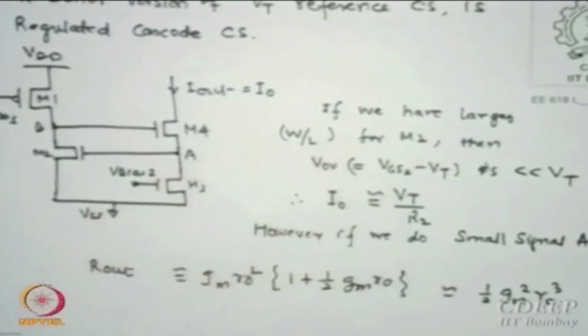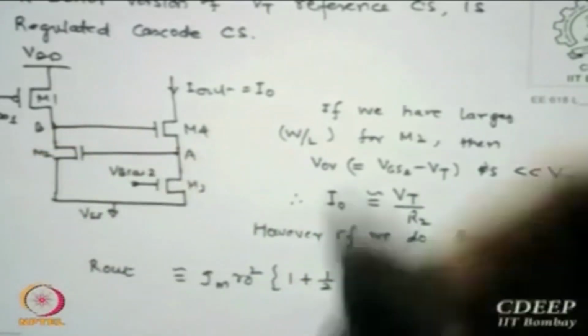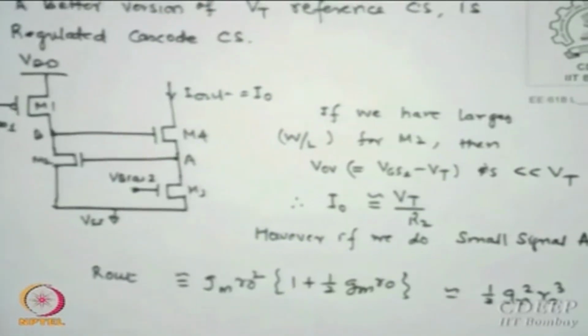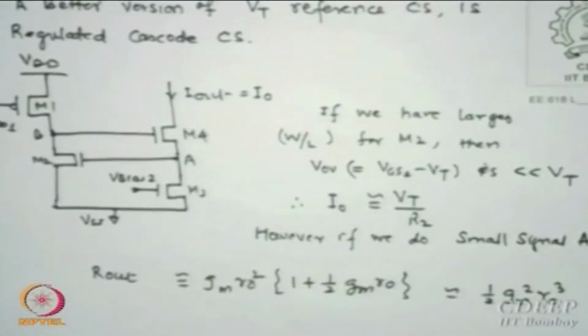It is essentially saying whatever resistance offered here, divided into Vt, will give you the current which is equal to I0. The analysis we have done earlier shows that it is stable because it is a feedback. Now it is only a function of threshold voltage, so only one temperature dependence.